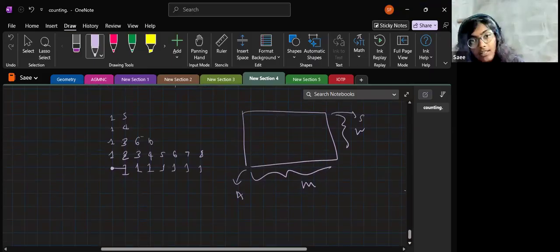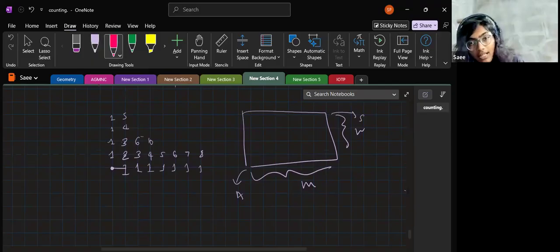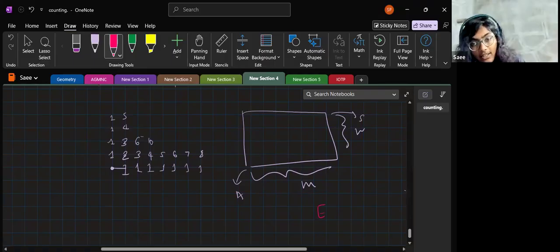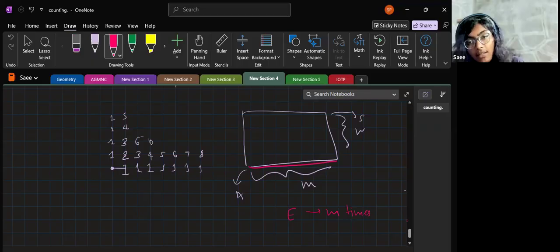Another way to see this is that every path Arnav takes, every step you can write as either an east or a north according to where he went. Since I live m steps to the right of Arnav, he has to go east exactly m times. And since I live n steps above, to the north of Arnav, he has to go north exactly n times.